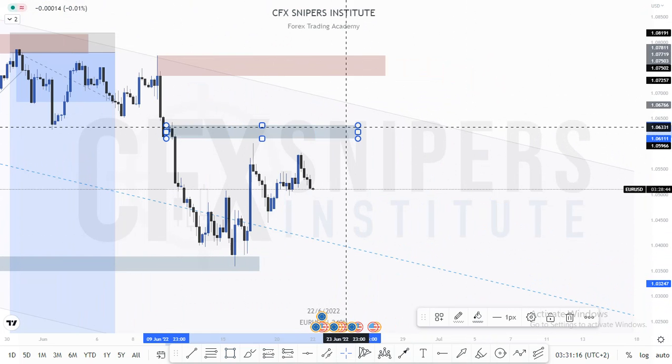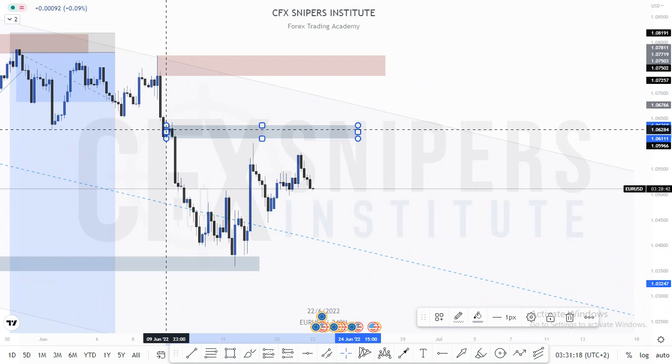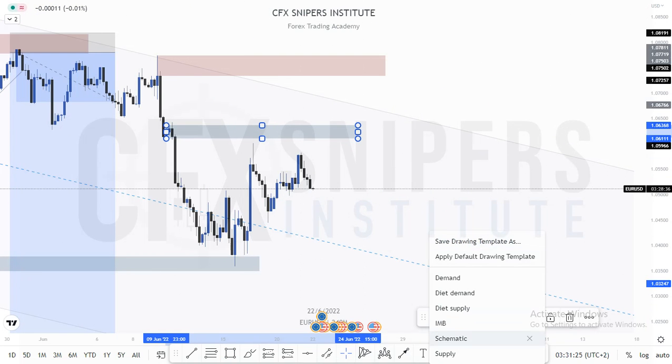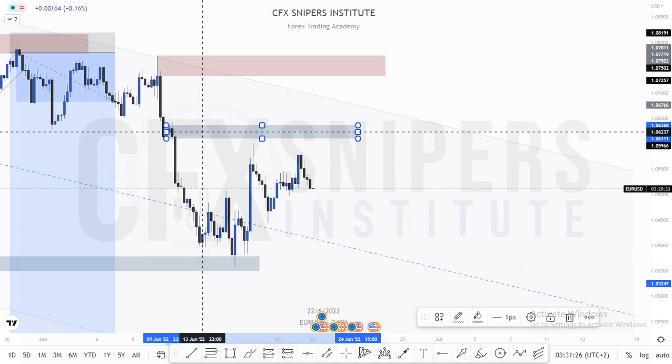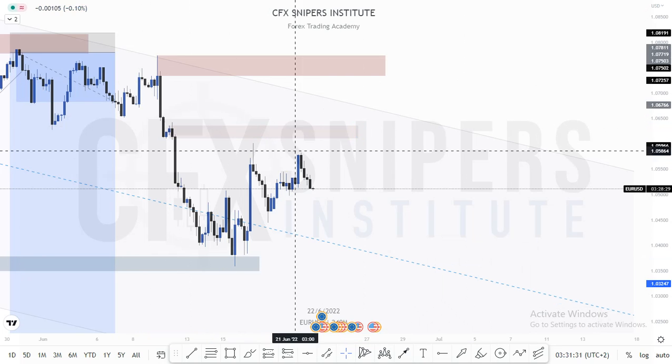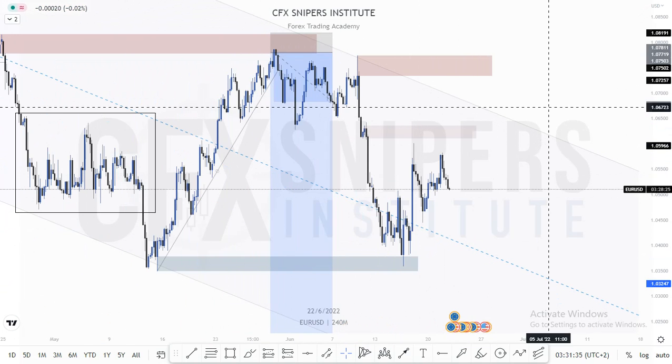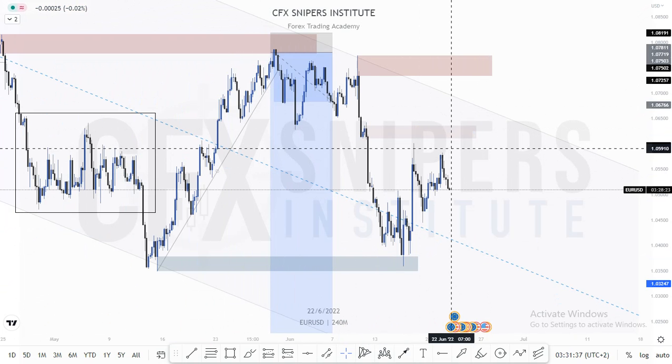That is going to give us continuation trades. So currently I'm waiting for price to reach here, give confirmations, and then we take the entry.